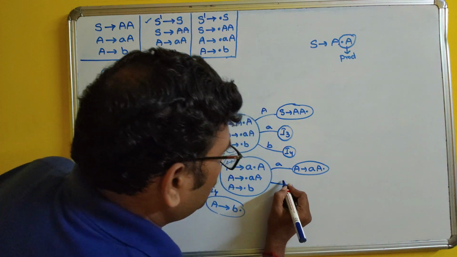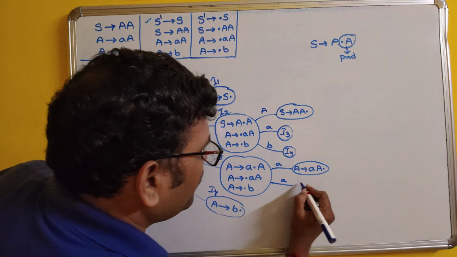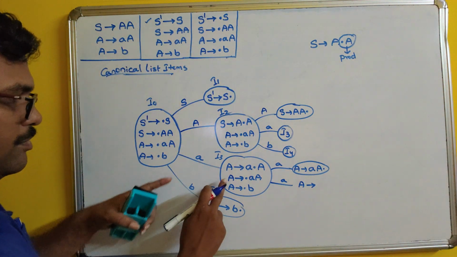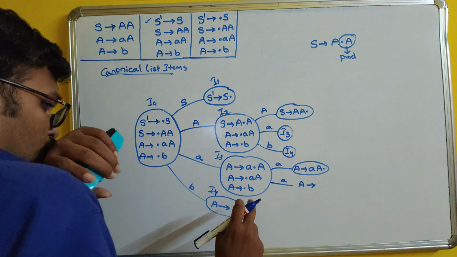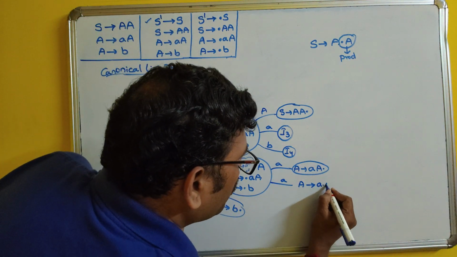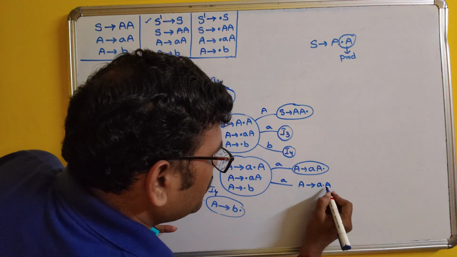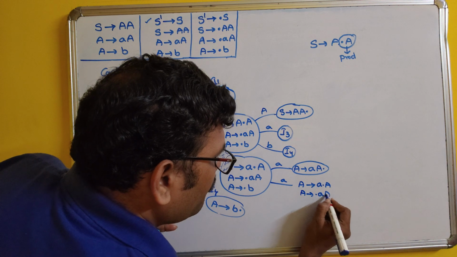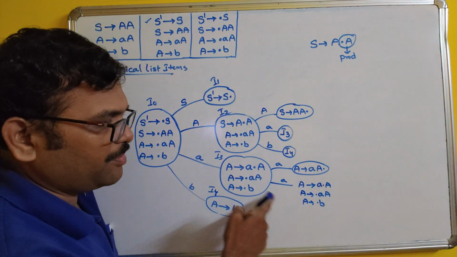And with a, it will be A tends to A dot A, and here again it's a dot A. We have to write A tends to dot A and A tends to dot B. So again you can see the same thing.